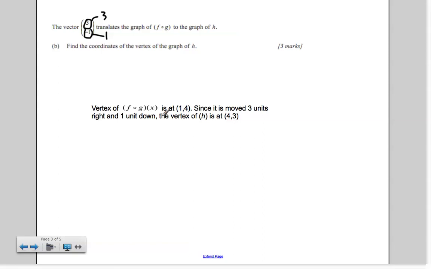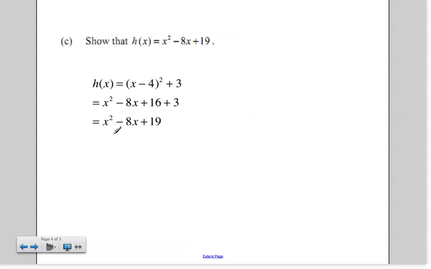Since we now have the point x and y, we can sub it into our equation to get x minus 4 squared plus 3, because there's the 4 to the right giving us the x coordinate of 4, and there's 3 up giving us the y coordinate of 3. Now again we just FOIL the x minus 4 squared and add 3 in the end, so we get x squared minus 8x plus 16 plus 3, which leaves us with x squared minus 8x plus 19.